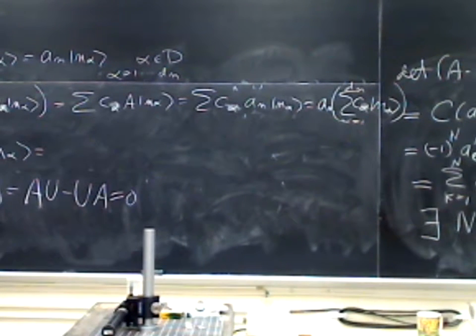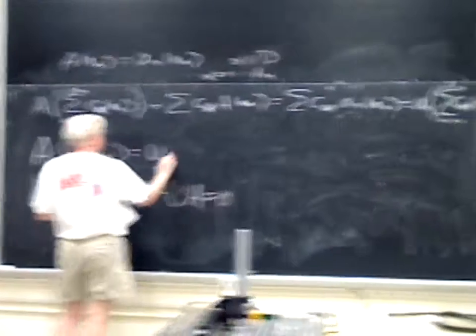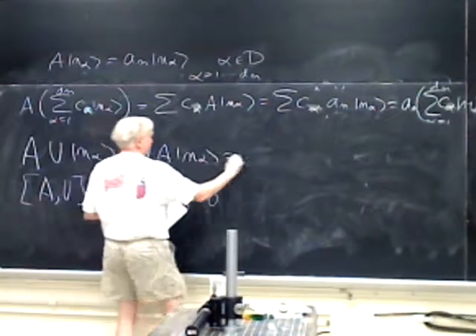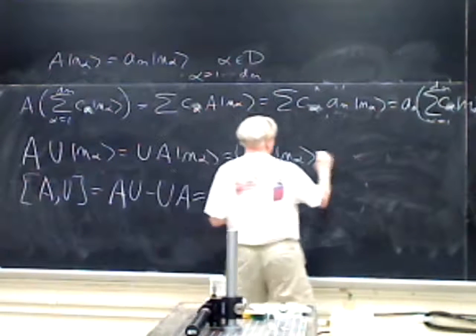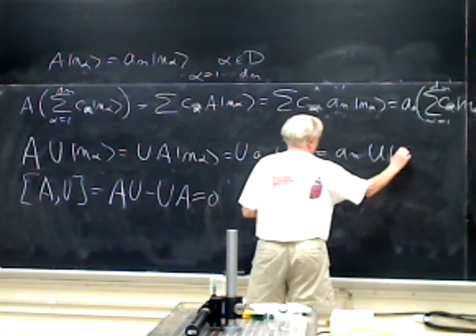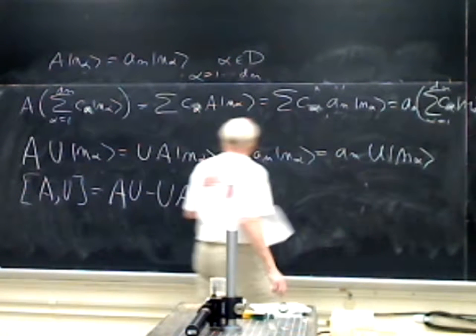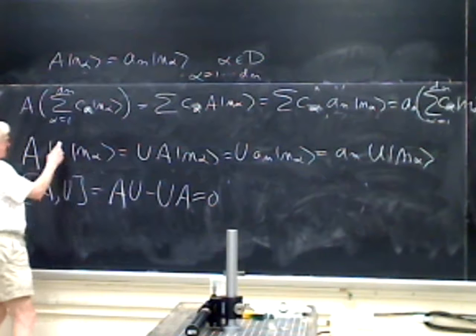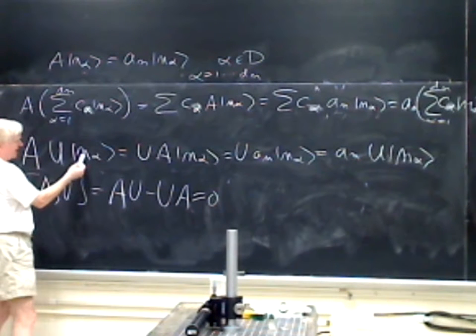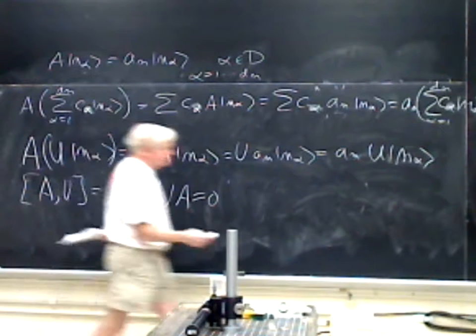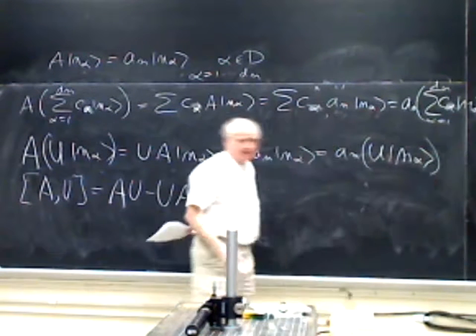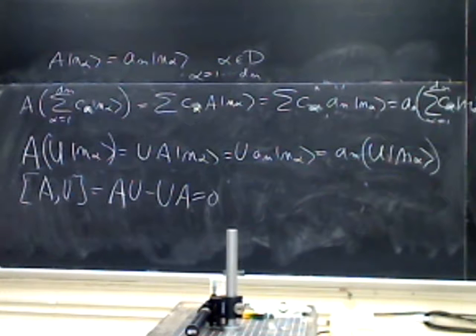If that's true, then A U|n, α⟩ is U A|n, α⟩, which is U A_n |n, α⟩, which of course is A_n U|n, α⟩. So for any unitary operator that commutes with A, you hit these d vectors |n, α⟩ with it and you get another set of eigenvectors with the same eigenvalue. And there are infinitely many unitary operators. So you have an enormous amount of choice here.